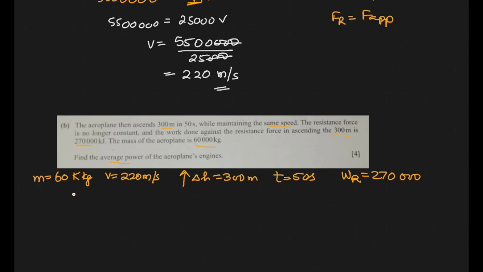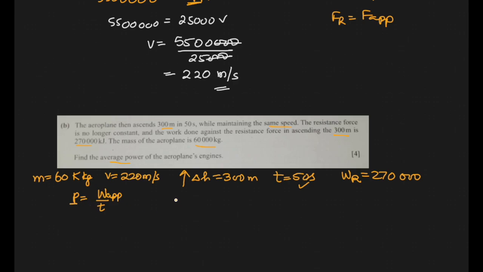So we know that power is the rate at which work is done, work done divided by time. So we know time. Where is it? Time is 50 seconds. Yeah. Only thing is that we have to see how much work is being done by applied force, because power belongs to applied force only.